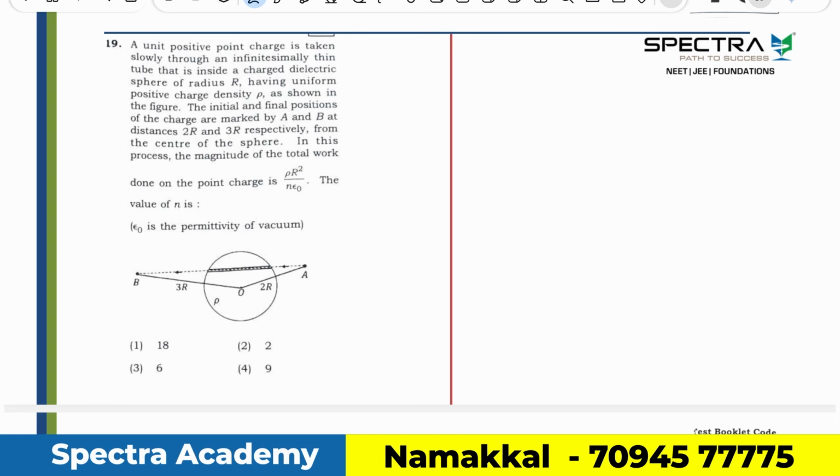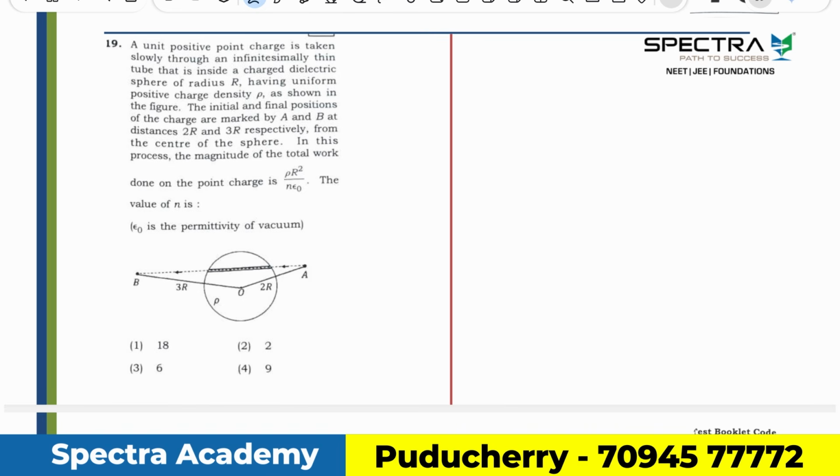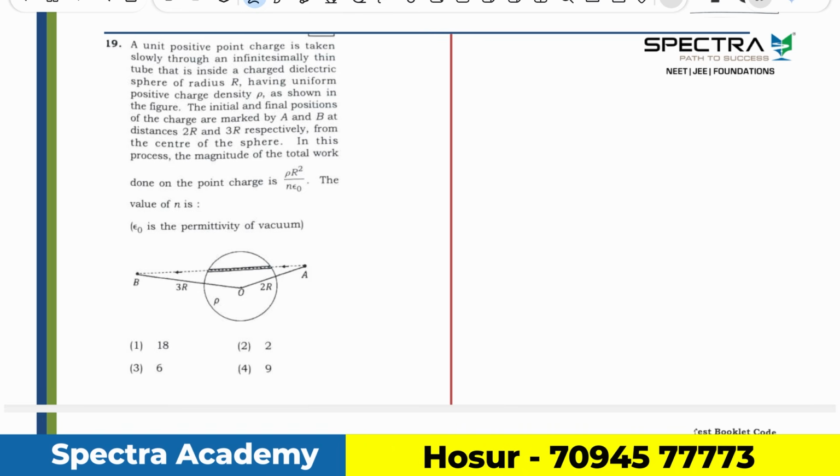The initial and final positions of the charge are marked by A and B at distances 2r and 3r respectively from the center of the sphere. In this process, the magnitude of total work done on the point charge is rho r square by n epsilon naught. The value of n is.